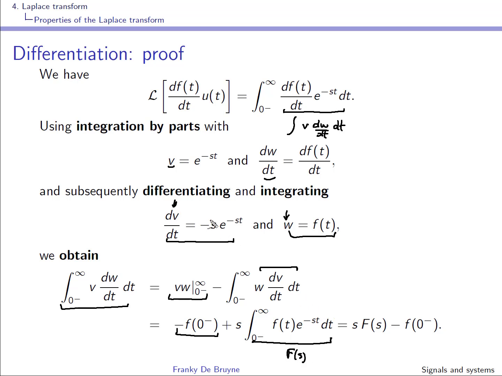The s that is in here we can take out because we are integrating with respect to time, and we have a plus sign here because we have a minus sign over here and another minus sign coming in here, so it's indeed a plus. So indeed we found that the Laplace transform of the derivative of f of t is obtained from the original Laplace transform F of s by multiplying by s and then subtracting the original function f of t evaluated in 0.